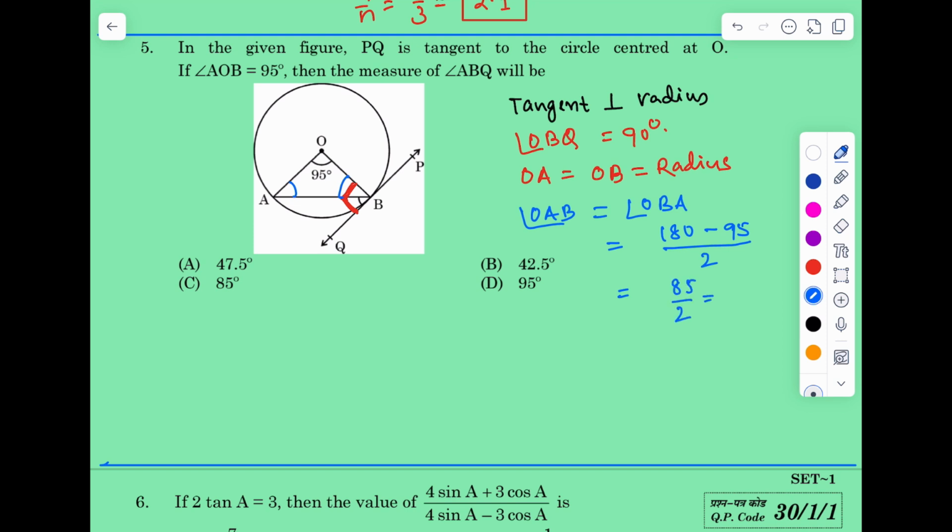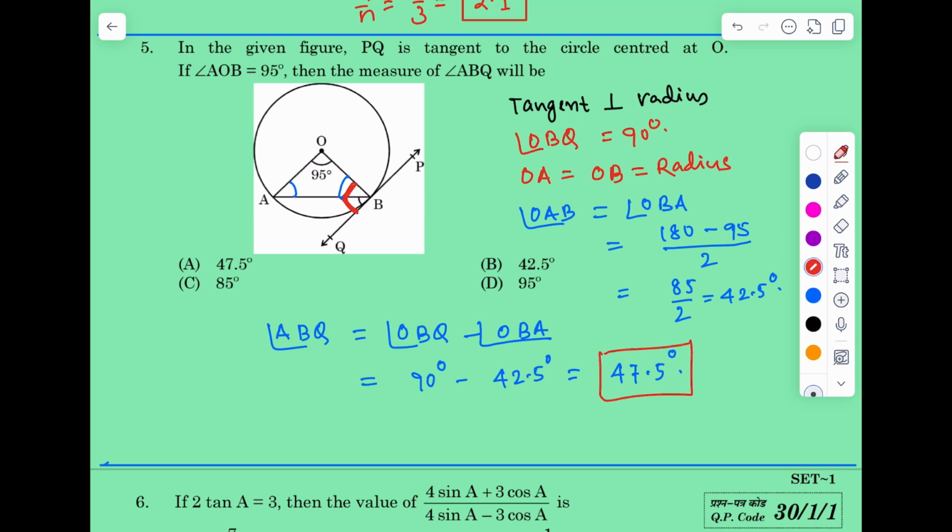That means this is equal to 85 by 2, which is 42.5 degrees. Now the question is to find angle ABQ. Angle ABQ is equal to angle OBQ, which is 90 degrees, minus angle OBA, which is 42.5 degrees. 90 degrees minus 42.5 degrees is equal to 47.5 degrees. This will be the answer.